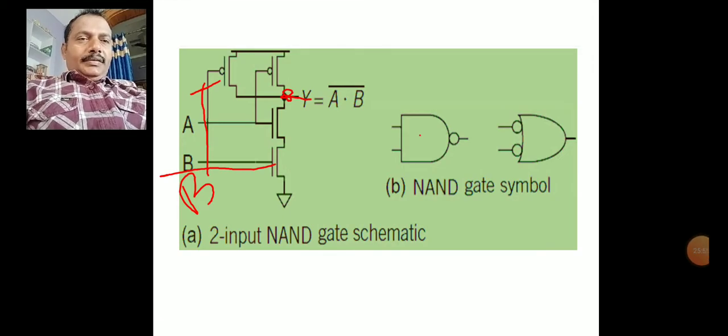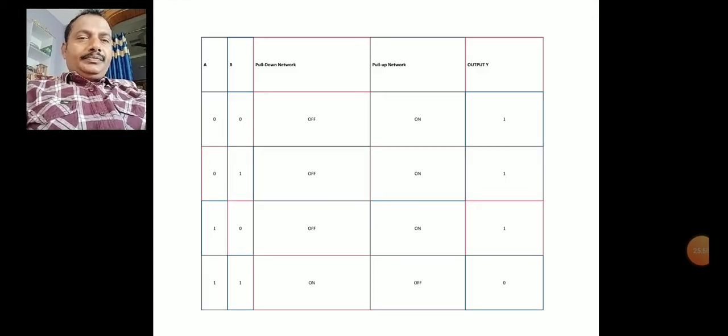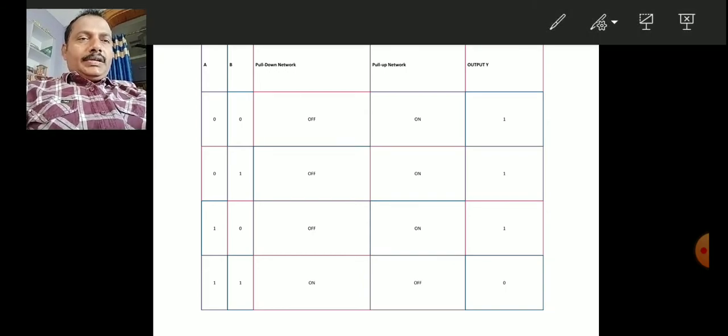Now let us see the operation. When 0 0, let us consider A equals 0, B equals 0. What happens? Pull-down means NMOS transistors, what happens? Pull-up network, what happens? What is the output?